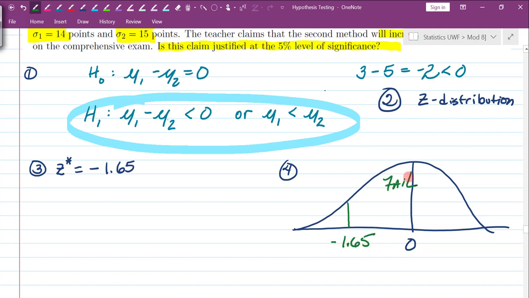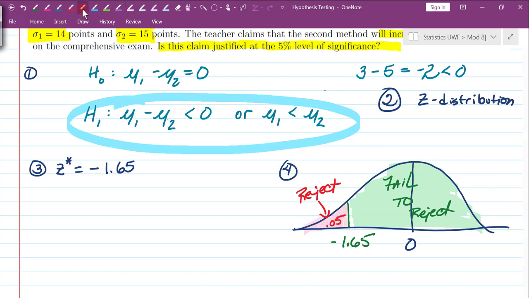Fail to reject is here, and then right in here, we're going to put all of alpha 0.05 because it's a one-tailed test, and this is where we reject. We're going to highlight this green because this is our fail to reject. We didn't find any significant statistical difference if we fall in here. However, if we fall in here, we do find a significant statistical difference.